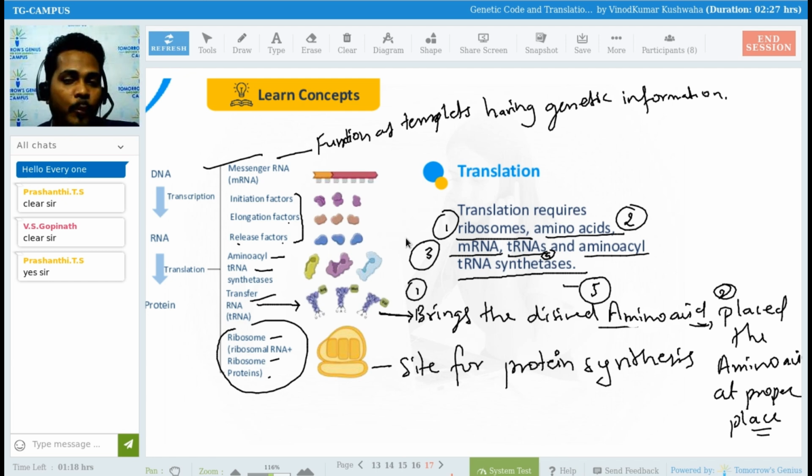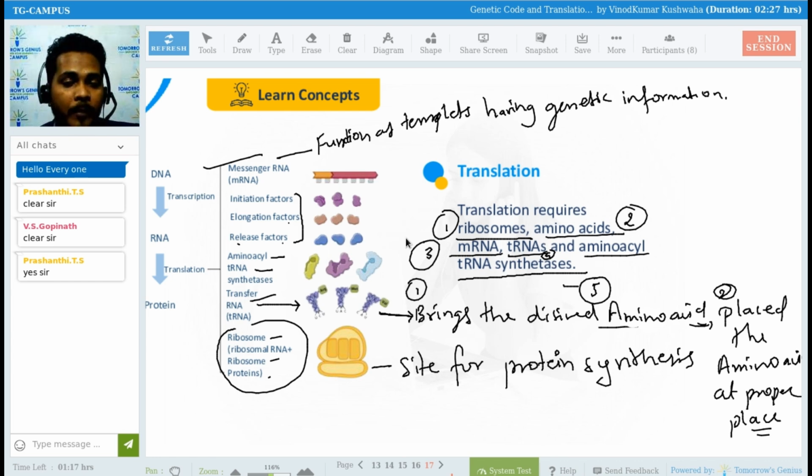So the two are separated in both space and time, so it prevents the intermixing of raw materials, and it also protects DNA from the respiratory enzymes and ribosomal machineries from the nuclease. So this is the reason behind it. So these are all the important machineries, or we can say translation tools required for translation.